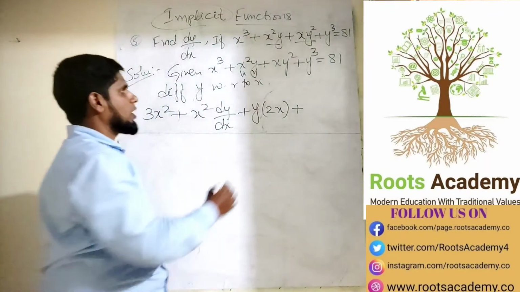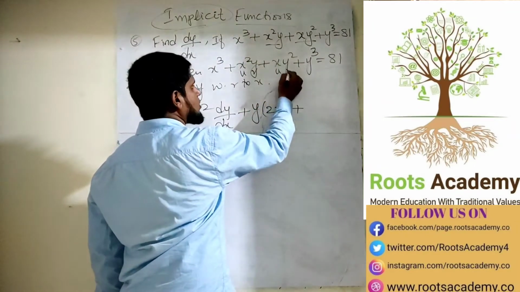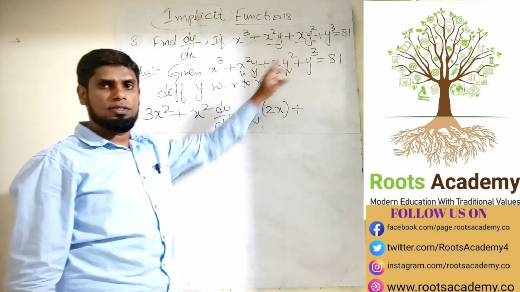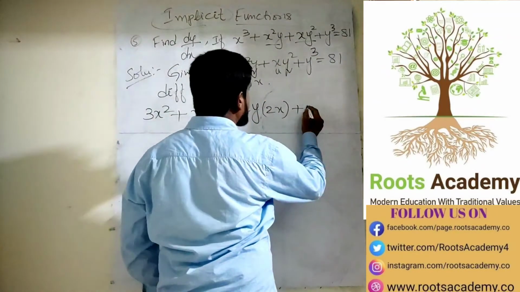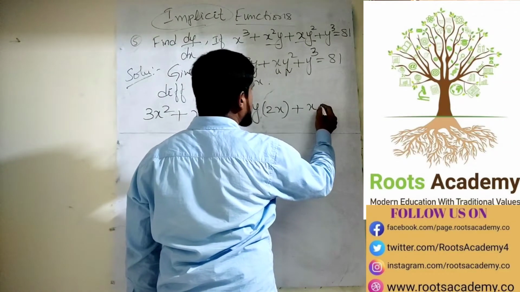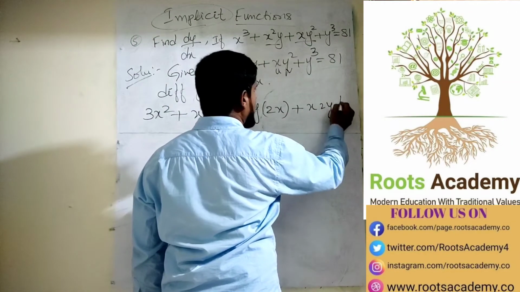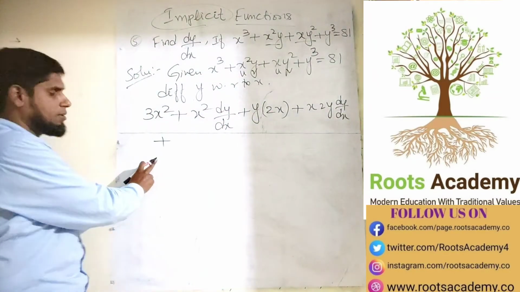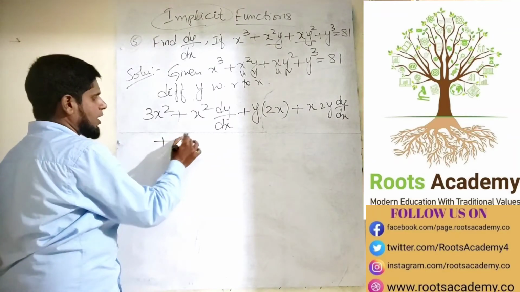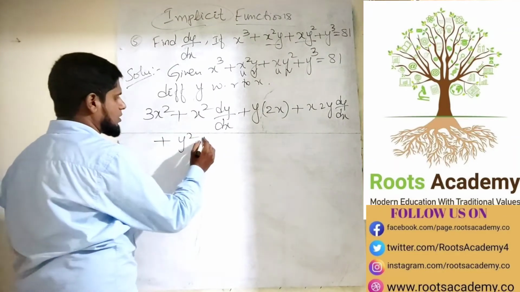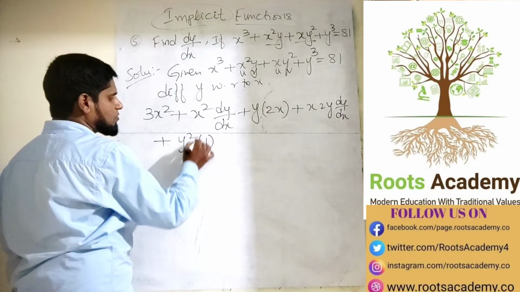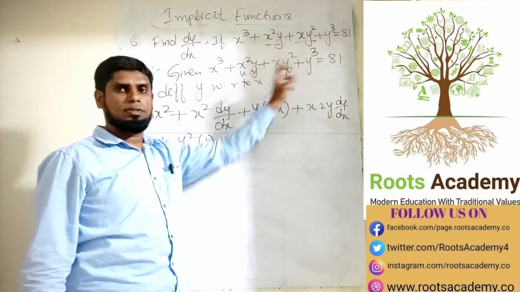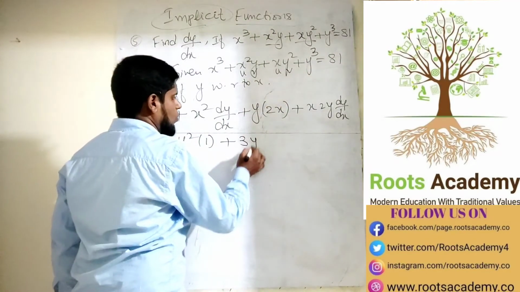Plus, now comes to this one. This is u and this is v. First is x, second is y square. So its derivative is, first function as it is, derivative of y square is 2y into dy by dx, plus second as it is, derivative of first, x, its derivative is 1, plus derivative of y cube is 3 y square.